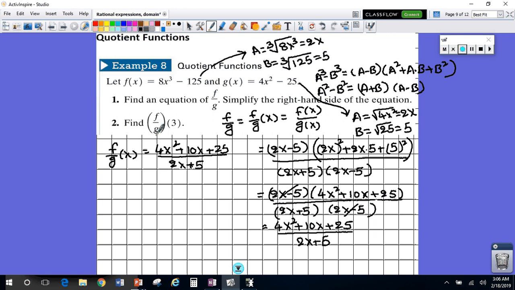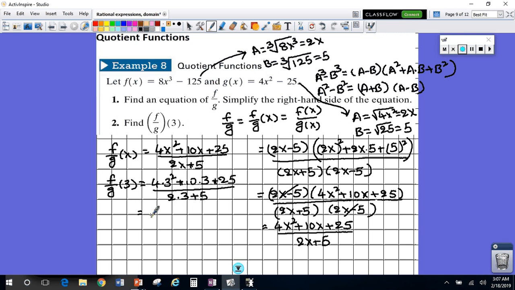Now we need to find f divided by g of 3. One thing you can do here is to plug in 3 for x, or substitute x equals 3 in this function, that is 4 times 3 square plus 10 times 3 plus 25, divided by 2 times 3 plus 5.